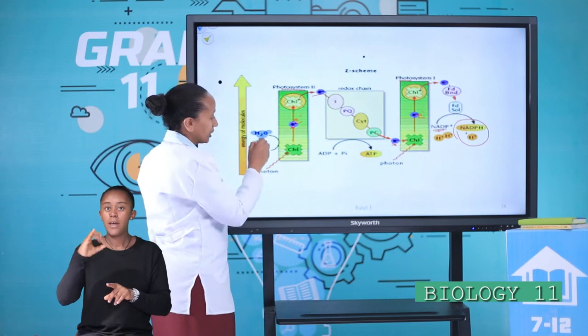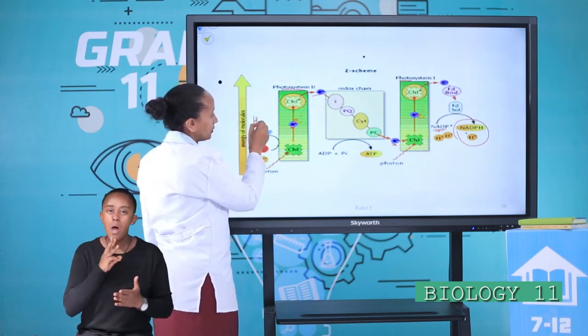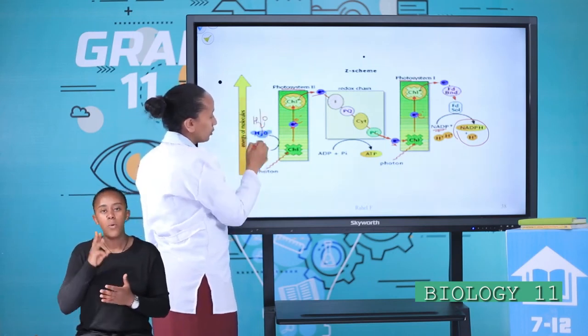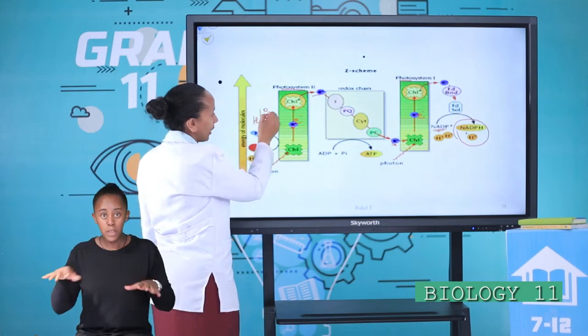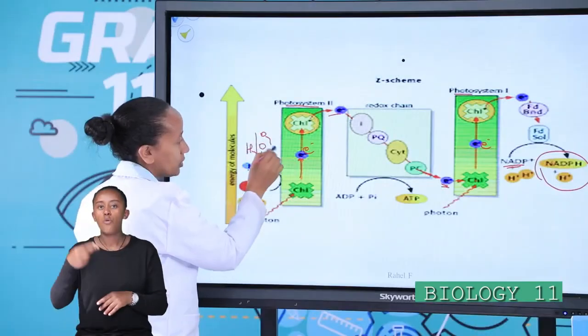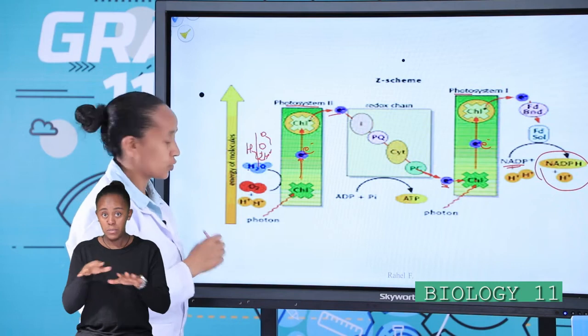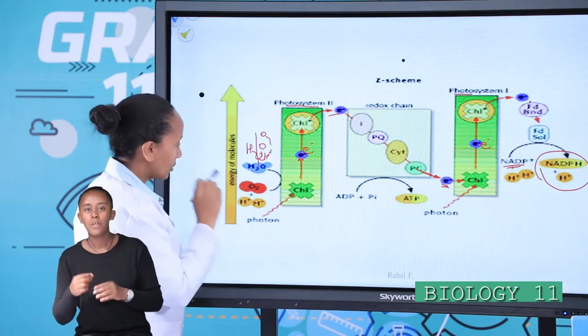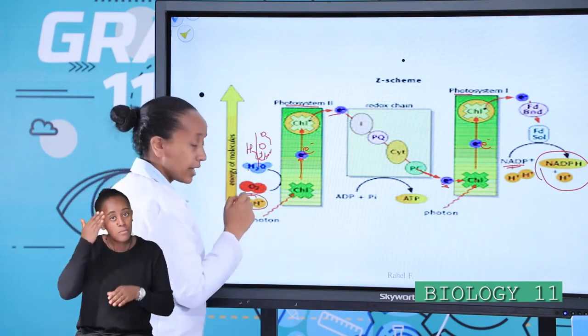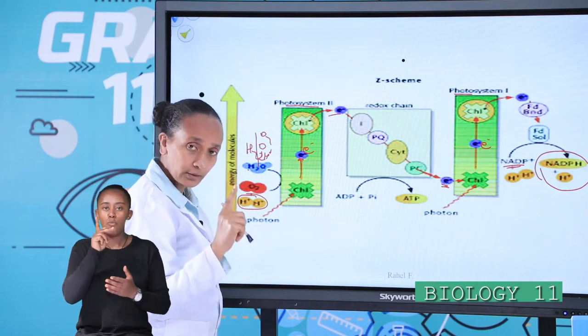Therefore, what will happen? Water will split into oxygen and hydrogen. From your chemistry, you know that hydrogen has one proton and one electron.